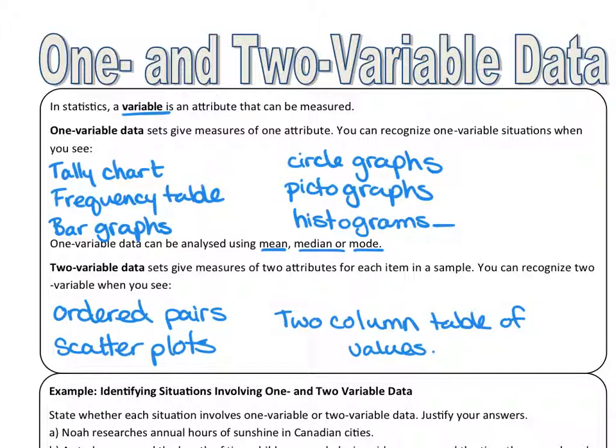Now, an example of that might be somebody coming and measuring the size of your foot versus your height. So when we think about two variable data, what we're thinking about is, are we trying to compare two things against each other and see if they have a relationship?